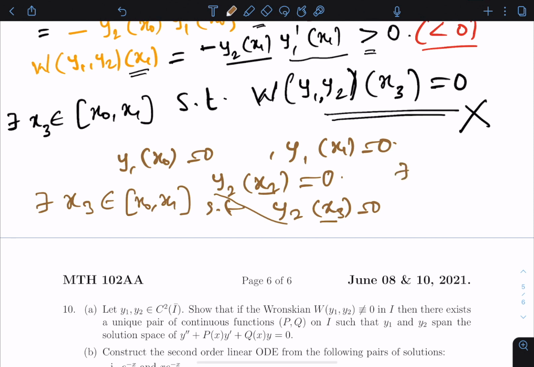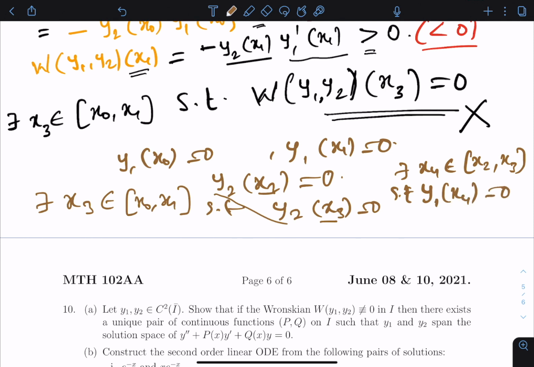That means there exists an x4 between x2 and x3 such that y1 of x4 is 0. But if x4 is between x2 and x3 and x2 and x3 are between x0 and x1, this x4 is actually belonging to x0 and x1. But x0 and x1 were consecutive zeros, but x4 is also a 0. That cannot happen.